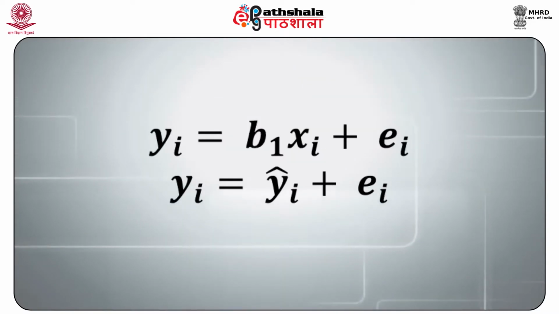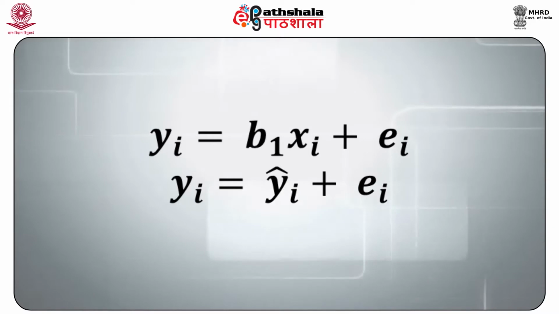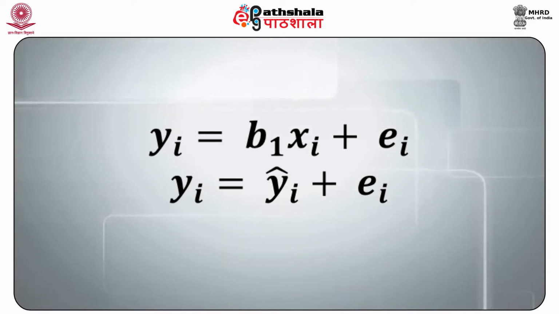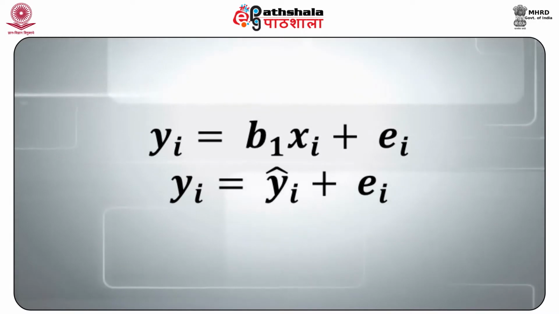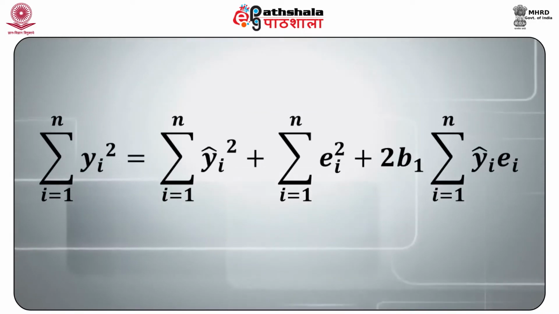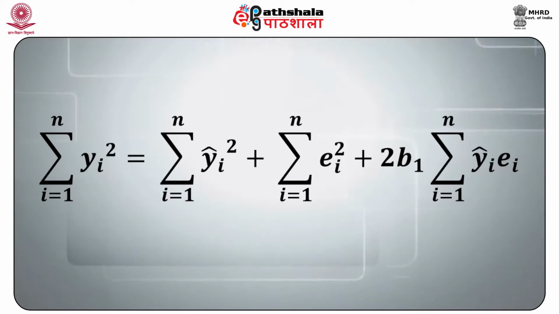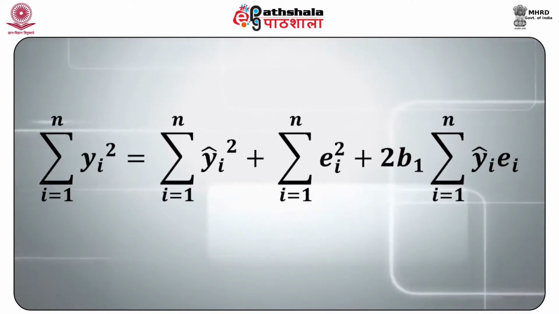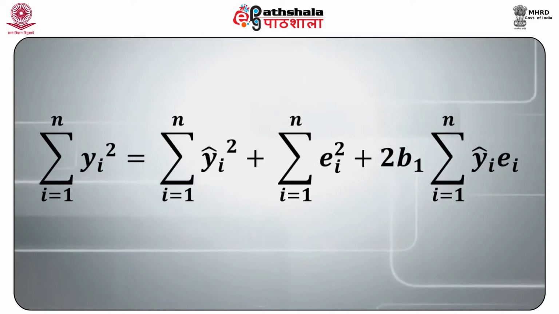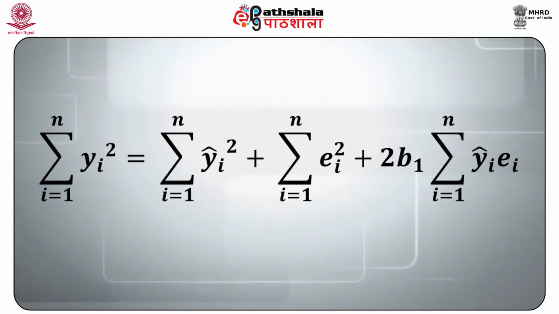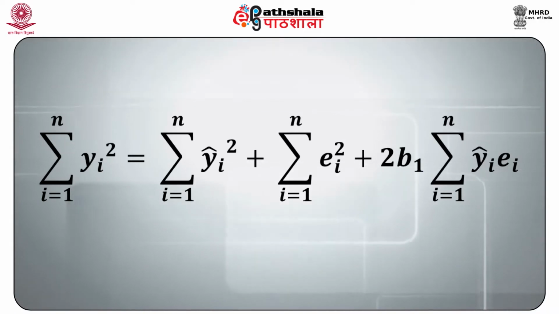Writing this third equation in deviation form, we can write yi is equal to b1 xi plus ei. Here yi and xi are small yi and small xi because we are defining them in deviation form. So small yi is capital yi minus y bar, and similarly small xi is equal to xi minus x bar.